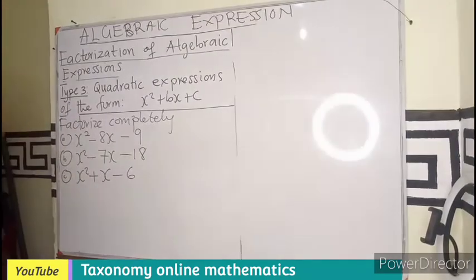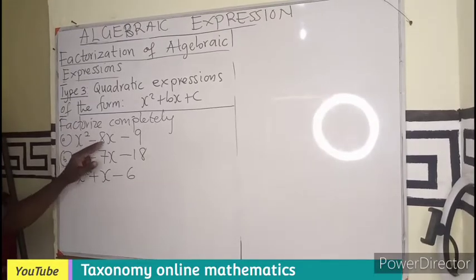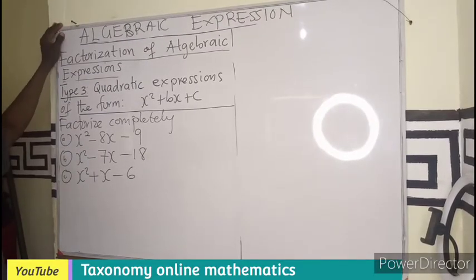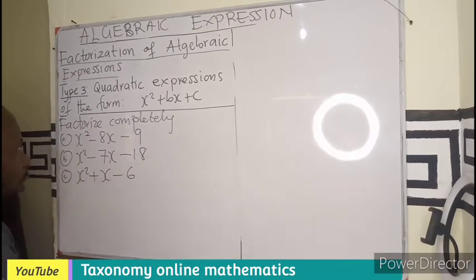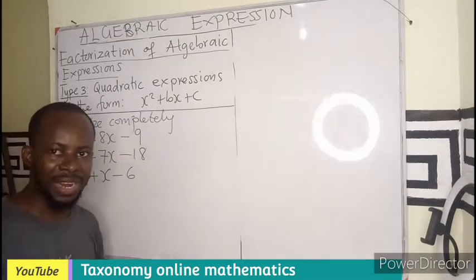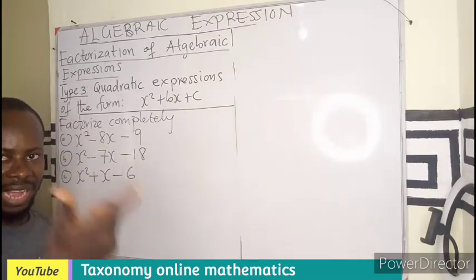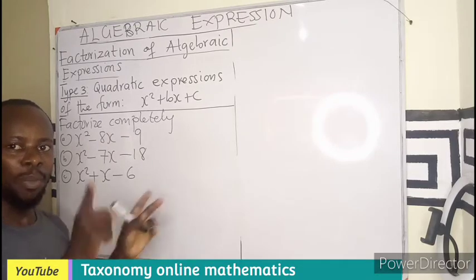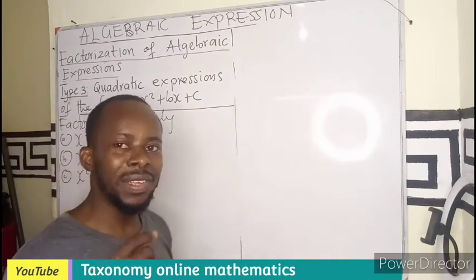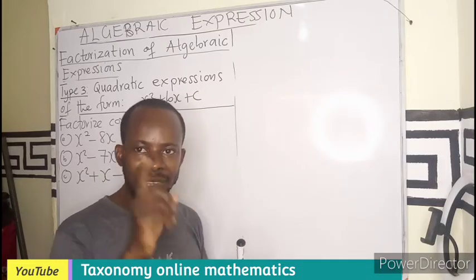Okay, so let's see. We have x squared minus 8x minus 9. So obviously we need the factors of what? 9. In this case, -9. Now, when the factor is -9, it means one of the factors is negative. You know, if I have negative times negative, I get a positive value. But in this case, one of the factors must be negative.